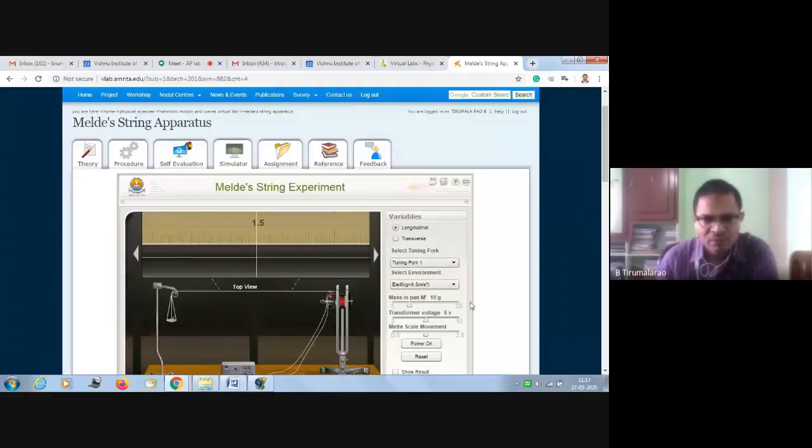Right? You can vary the meter scale. See here.